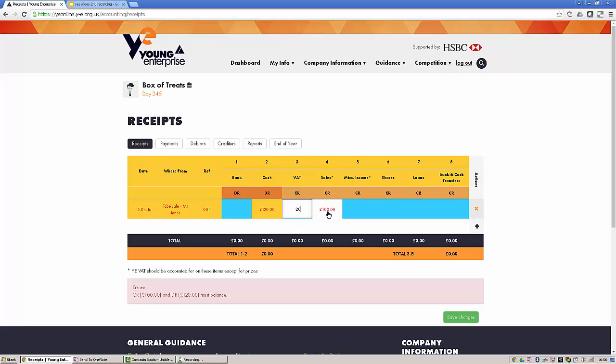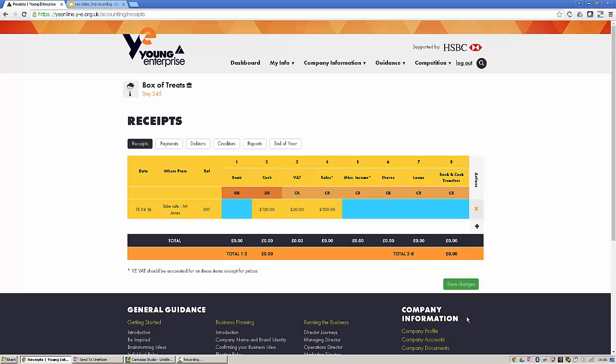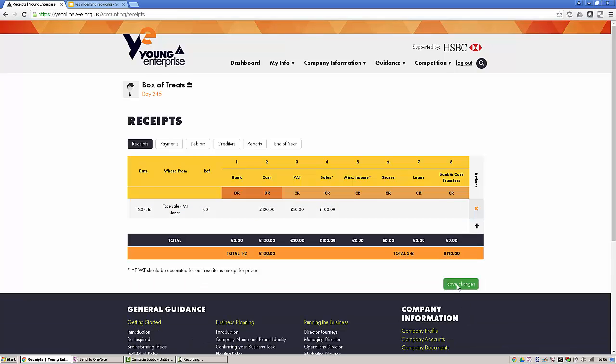So when I click on that and then I click Save Changes, you will see now that my table sale has now been recorded from Mr. Jones, and I've recorded the cash of £120, and I've split that money between the money I'm going to have to pay for VAT on the sale and the sale value itself.